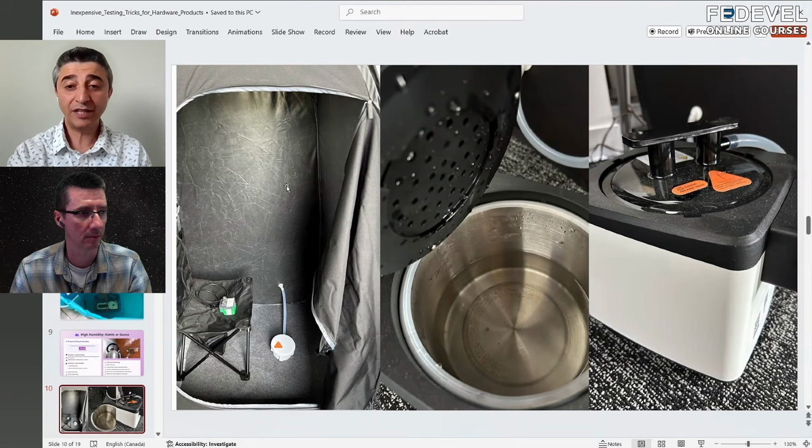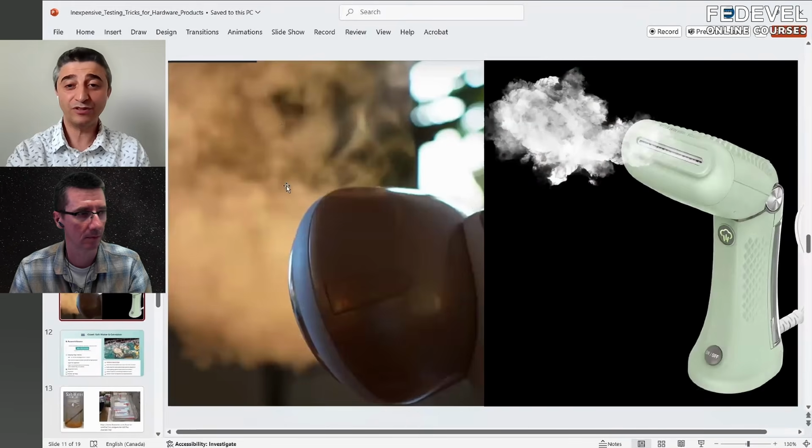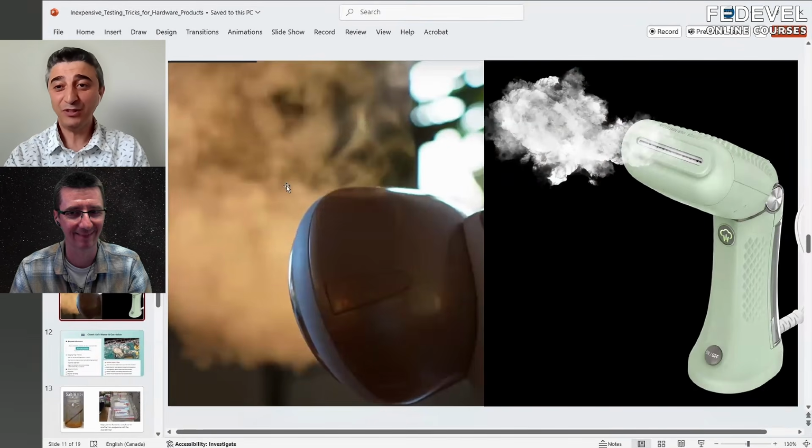Now, let's say you don't have this hack, a sauna that you cannot purchase. You can do another trick, which is using a steamer, like the ones you use for your clothes. I'm pretty sure you have easy access to them, in different variants. Just take that one. Of course, you have to be careful how you apply the test to which component.